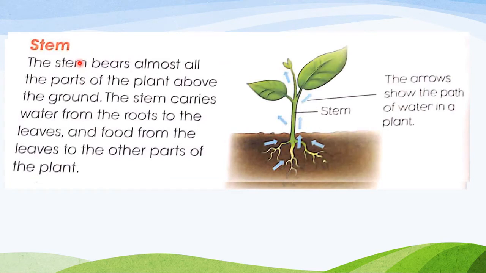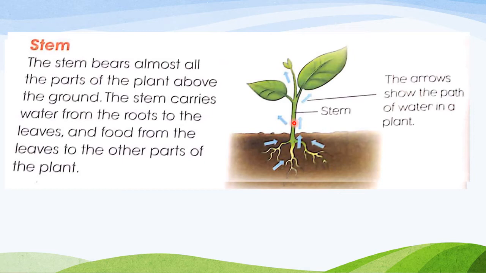Here is the stem, S-T-E-M, stem. This green part is called the stem. Let's know the function of the stem. The stem bears almost all parts of the plant above the ground. If we look above the ground, there are leaves, flowers and seeds. All these parts are present on stems.